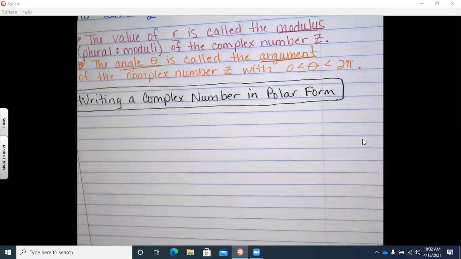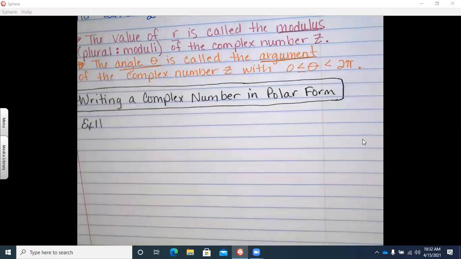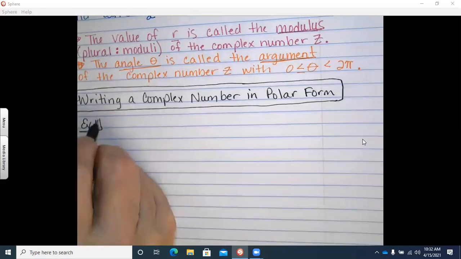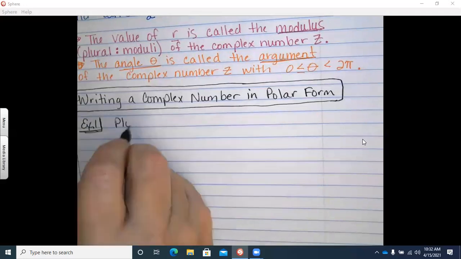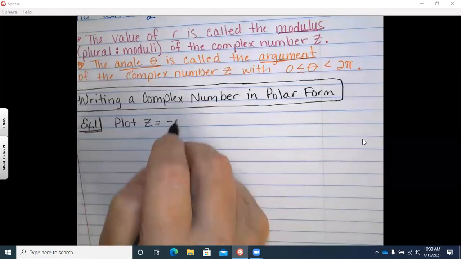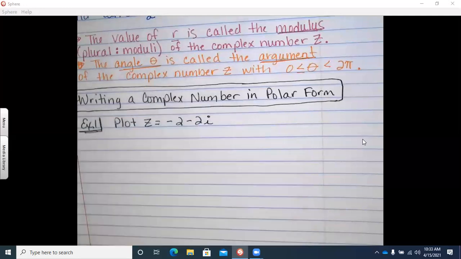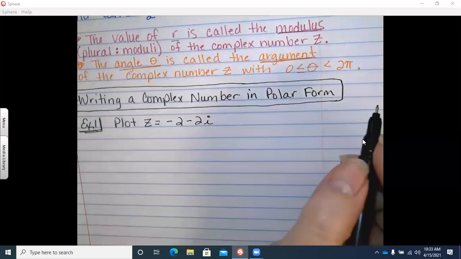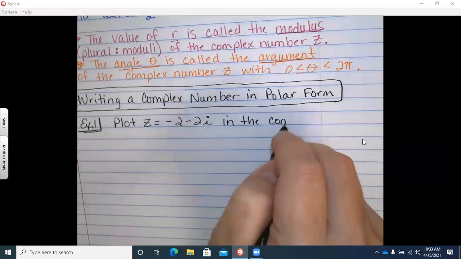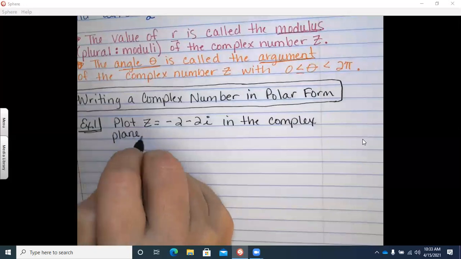Example 1. Plot z equals -2 minus 2i in the complex plane, then write z in polar form.